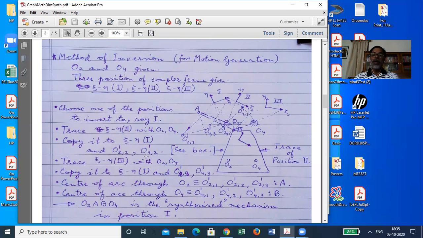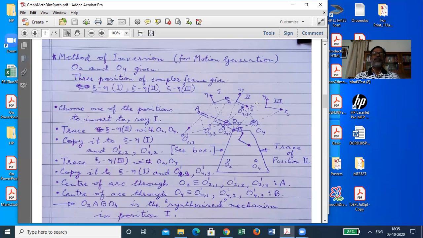So make note of what is given. Point O2 is given, point O4 is given. Basically, the distance between the two is given. Okay, that settles the frame. And then for the body, you have three configurations.